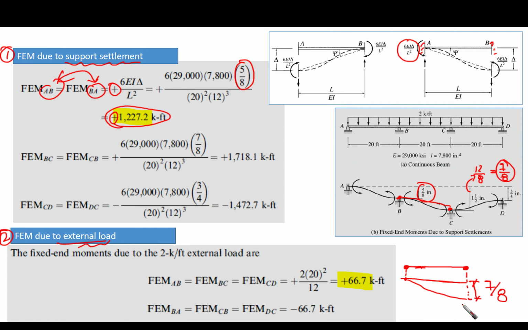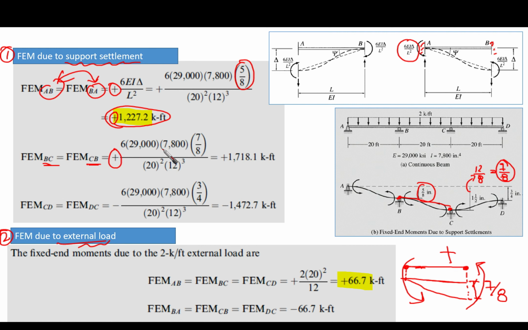And it is from the right. So we are going to use also this shape here, or this formula. This means that the moment that is going to be developed here is going to be like this. It is going to be counterclockwise. This means that it is positive. And this is what we are doing here. For BC and CB, it is going to be positive, as you can see.